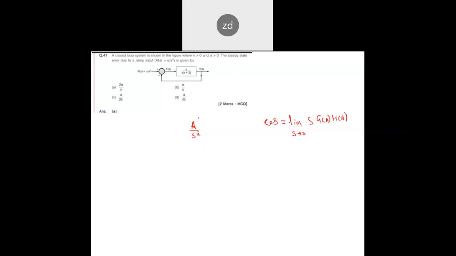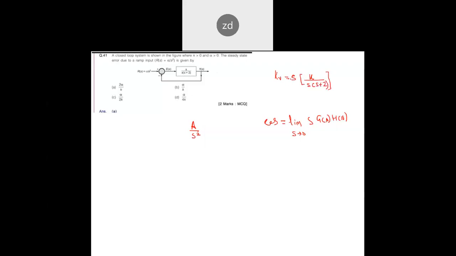Here if you look at the g of s h of s value, they have directly mentioned it, and they have given this value to be equal to kv, I can write s into k over s into s plus 2.